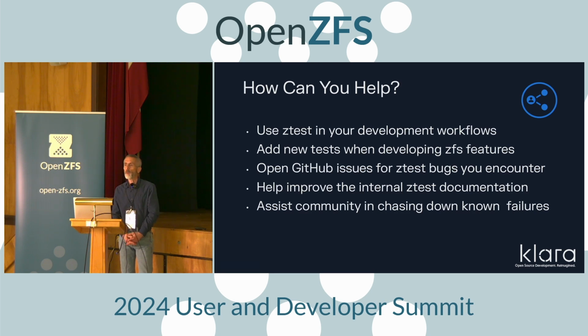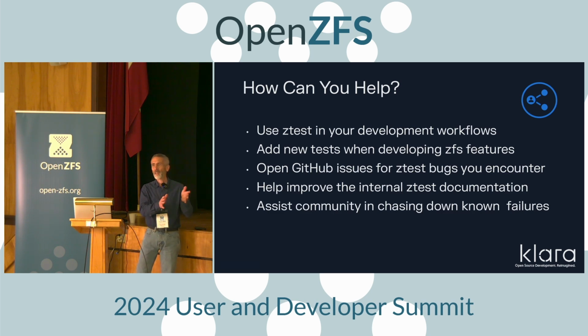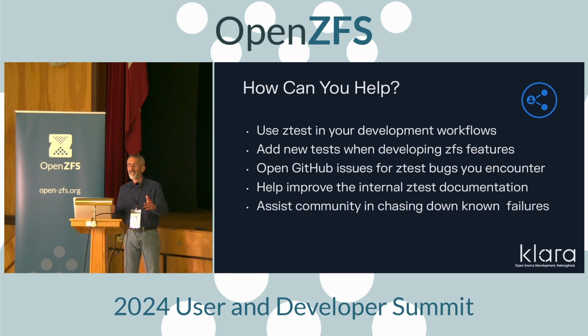I've seen people have machines that will reproduce a problem, and on my machine I cannot reproduce it, and they swear it's 100%. So if you can file issues, that'll be helpful. And if you're willing, help us chase some of these down.